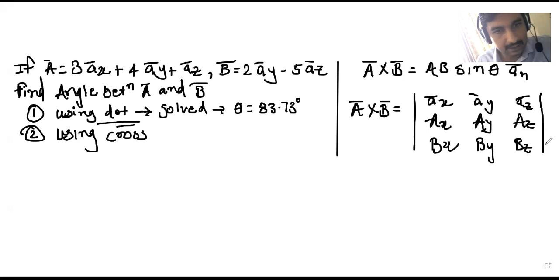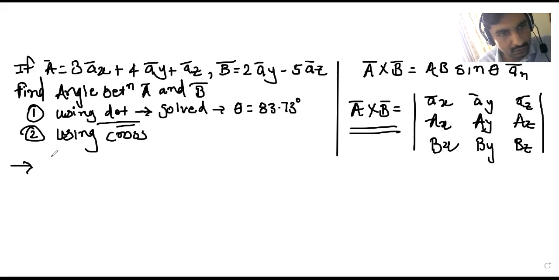Now let us use the second definition and try to find the value of a bar cross b bar. To obtain this, I can put in the values because we have those two vectors here.